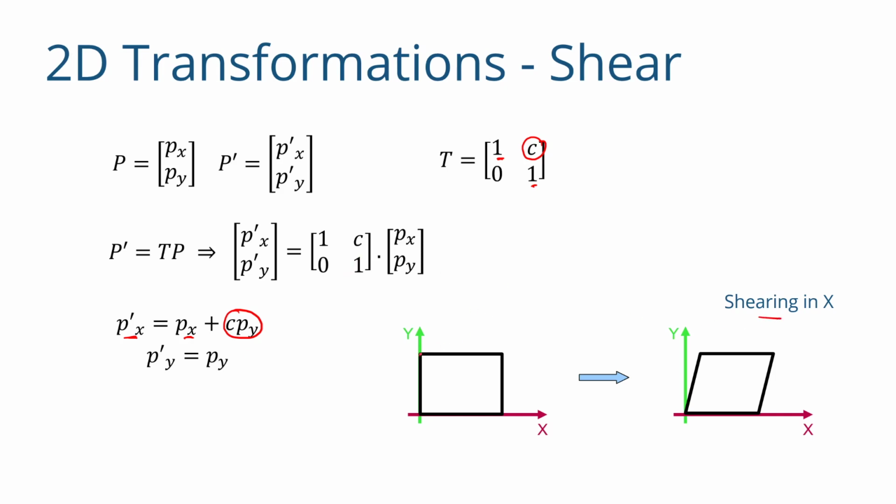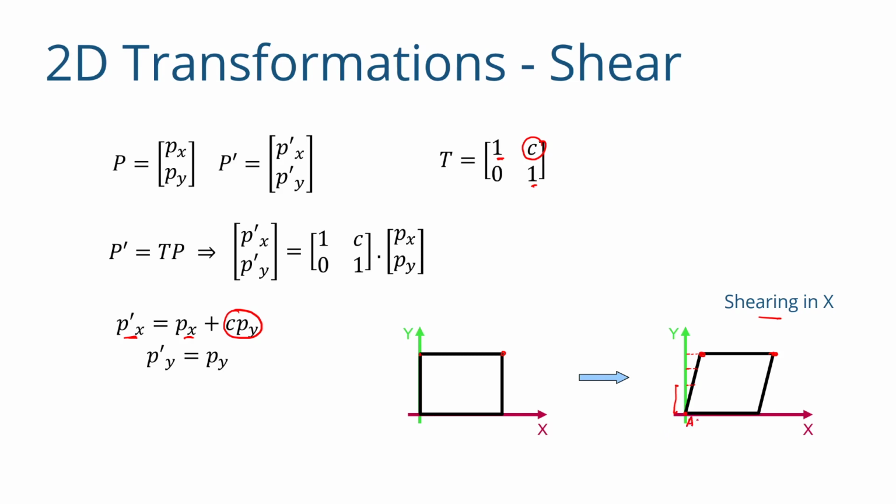So the points in x, which are like these points, they move along the positive x-axis, right? And the movement in x is proportional to the y coordinate. So the origin did not move at all, you will see, right? Because the y coordinate is 0.